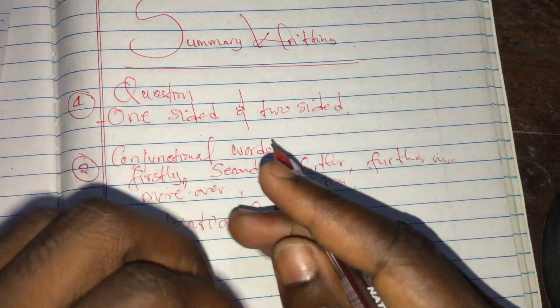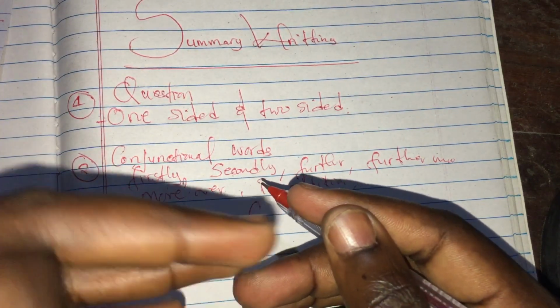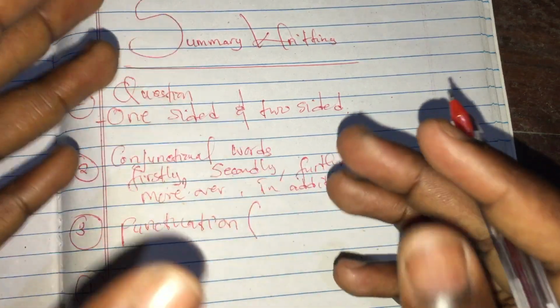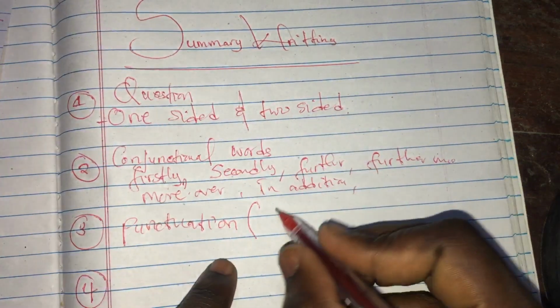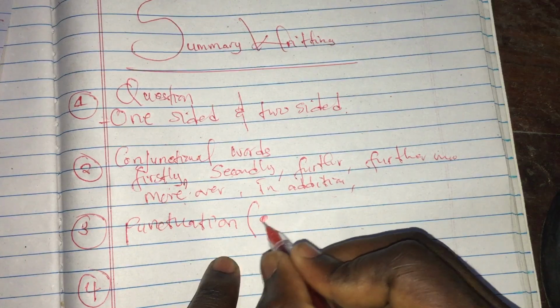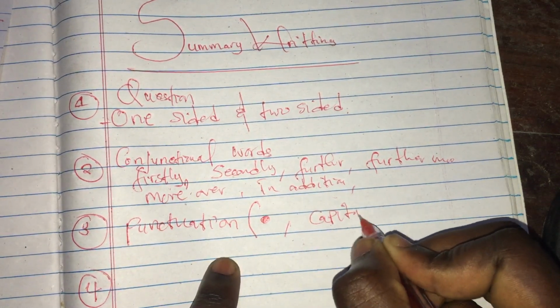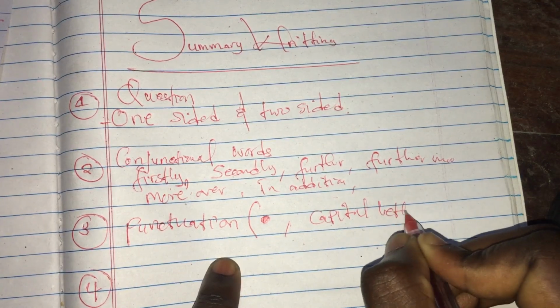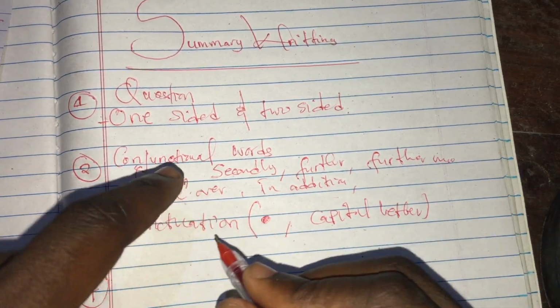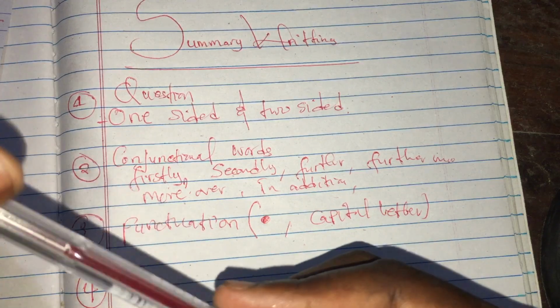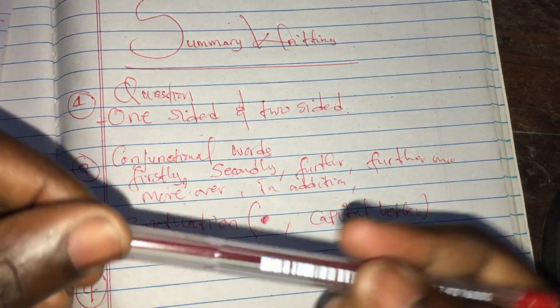So in summary writing, only 3 punctuations are very important, which are a full stop, a comma, and a capital letter. So these are the 3 main punctuations the marker will be expecting from your summary.